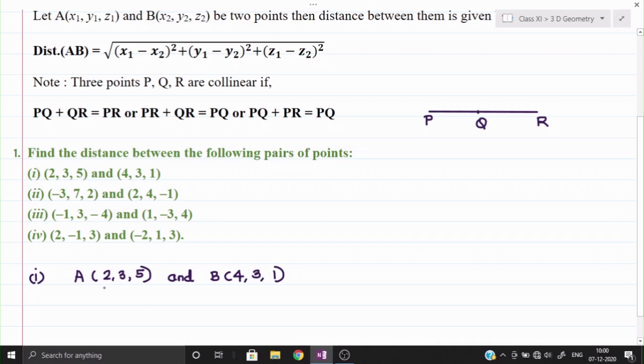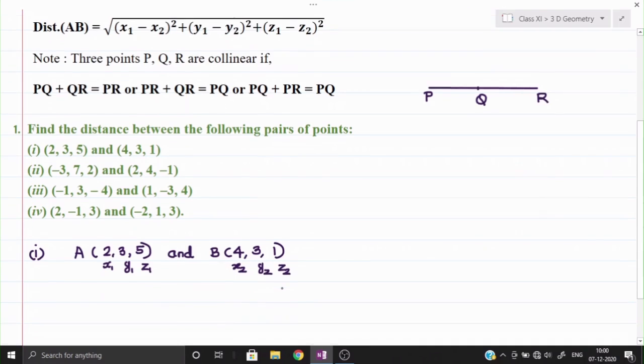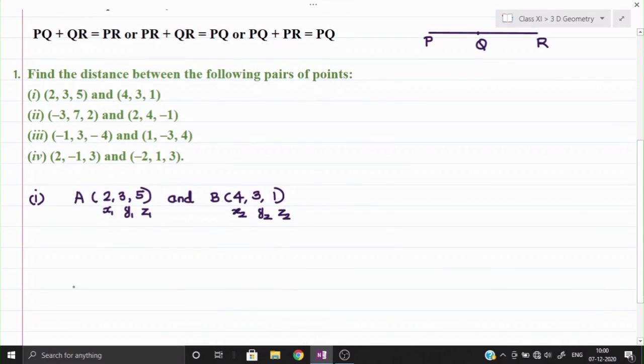For the first point, I am supposing the coordinates x1, y1, z1, and for the second, x2, y2 and z2. Now let us find the distance between them. Therefore, distance AB is equal to, under root, we shall find the differences between the x coordinates, y coordinates and z coordinates.